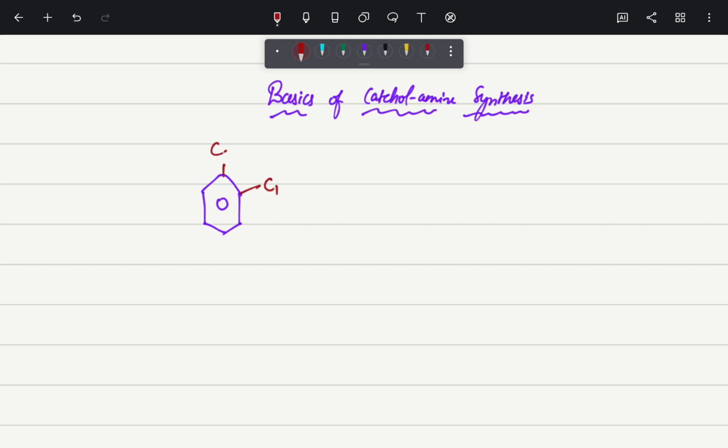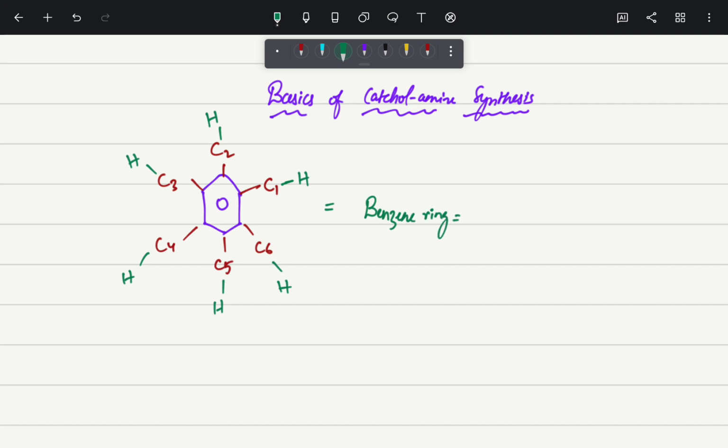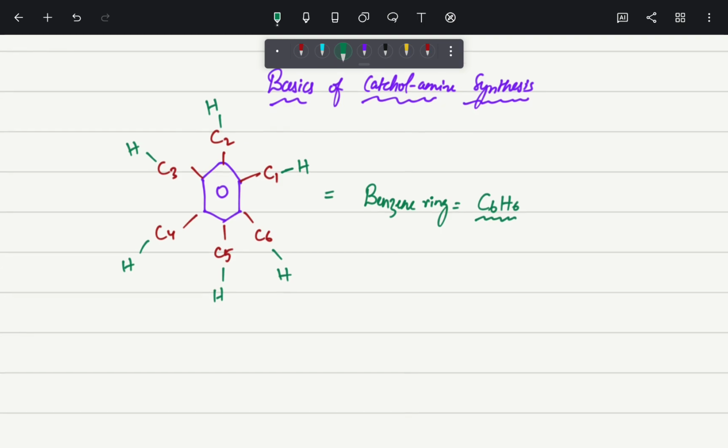This is carbon number 1, carbon number 2, carbon number 3, carbon number 4, carbon number 5, and finally carbon number 6. To these carbons there are hydrogens: H1, H2, H3, H4, H5 and H6. So this is the structure of a benzene ring, and the chemical formula of benzene is C6H6. Okay, I hope you are clear with this.